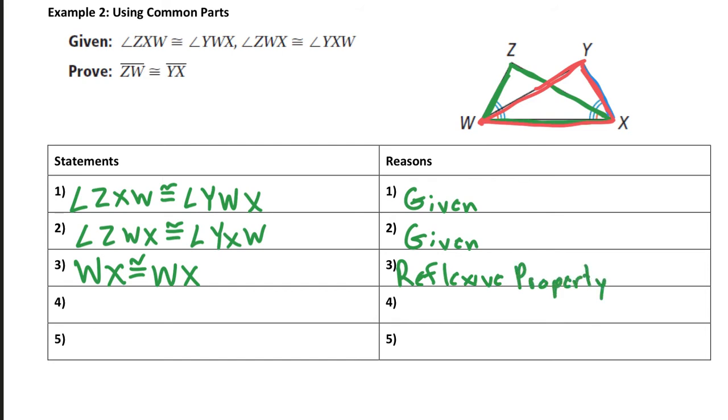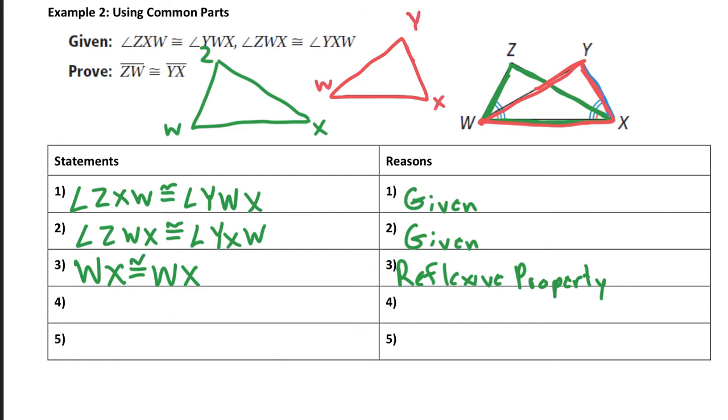Now, this is where us redrawing the triangles really should be able to help us out and identify how to say these triangles are congruent. So I'm going to draw ZWX. ZWX is this triangle. The other triangle, I'm going to draw in red. I'm going to do YXW. Oop, wrong pen. YXW. All right.